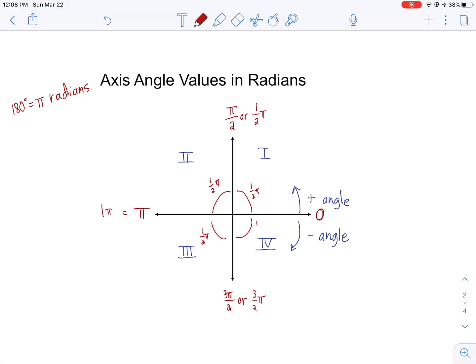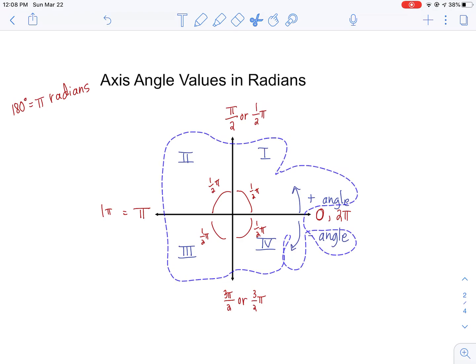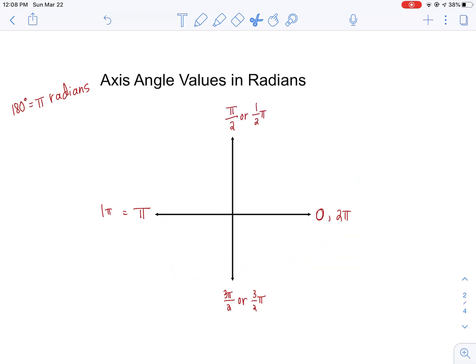And then if we went another 1/2 pi unit, this would be 2 pi. So here's our big pieces. I'm going to erase some of the extra stuff that's in here, just so you can see all of those important pieces. Those are the major pieces that you need to know. And the more you work with radians, the more these are going to get set in your mind. These are our benchmark values.